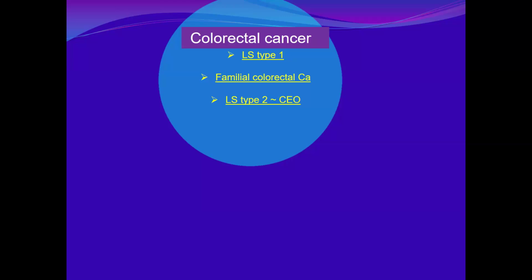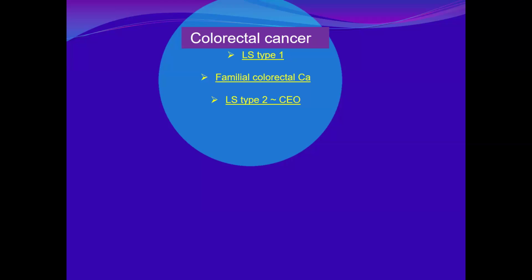The other type, or type 2 Lynch syndrome, has a mnemonic, CEO. C refers to colorectal cancer, E to endometrial cancer, O to ovarian cancer, and O for other malignancies.